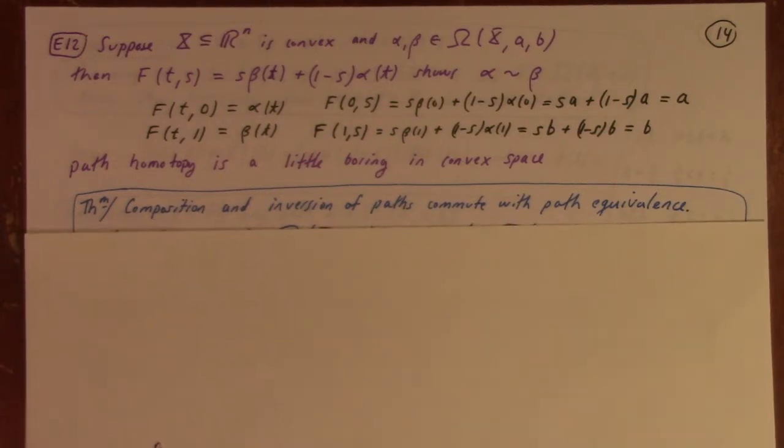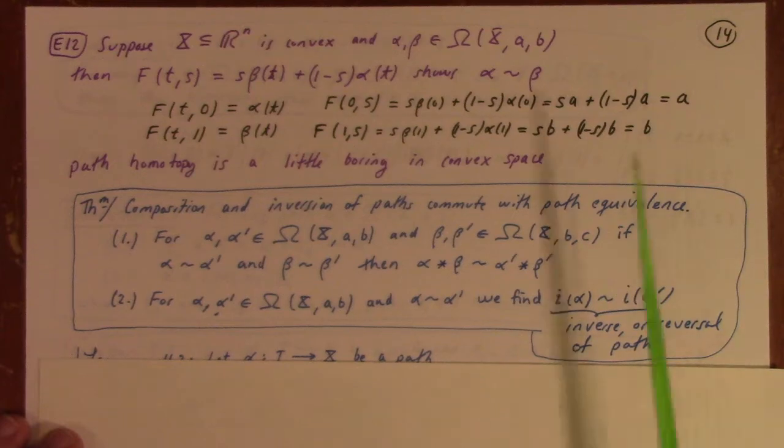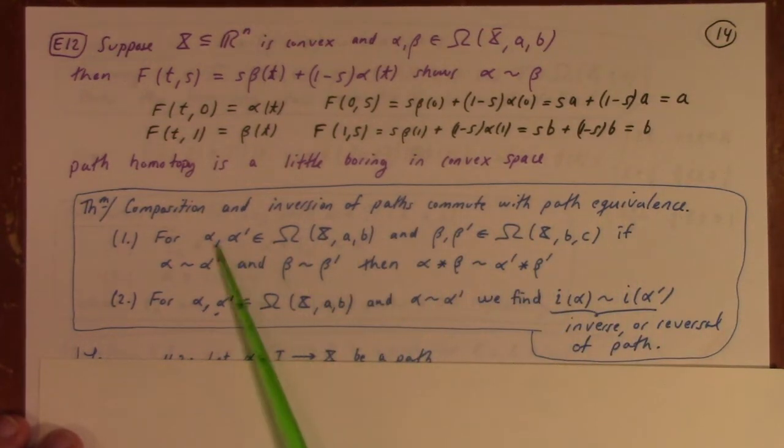It's everything. On the other hand, you can talk about composition and inversion of paths, and it commutes with this path equivalence. So if you have two equivalent paths, alpha and alpha prime, beta and beta prime, and you join them, then it's equivalent to the join of their equivalent paths.